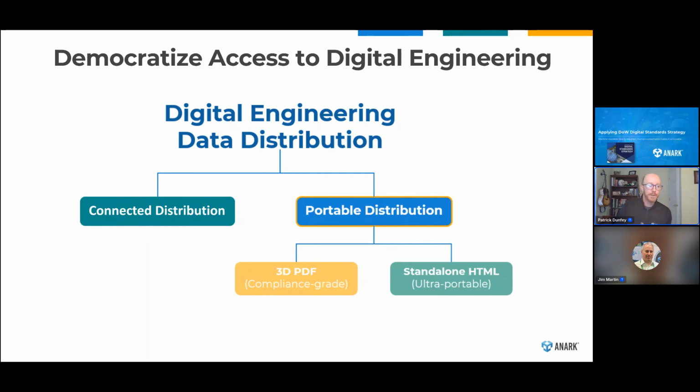Connected distribution has all of those connected product data experiences that we can talk about in terms of work instructions or cross-domain reviews, all of the feedback that closes the loop. But portable distribution is also very much here to stay until we hit a day where we're 100% digital across every situation, which I think is a pretty far way off.